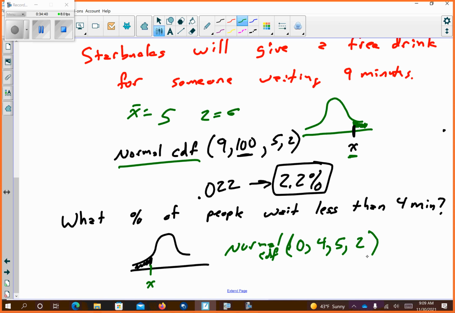What's it going to find us? 0.30. So this would be 30% of our people wait less than 4 minutes.